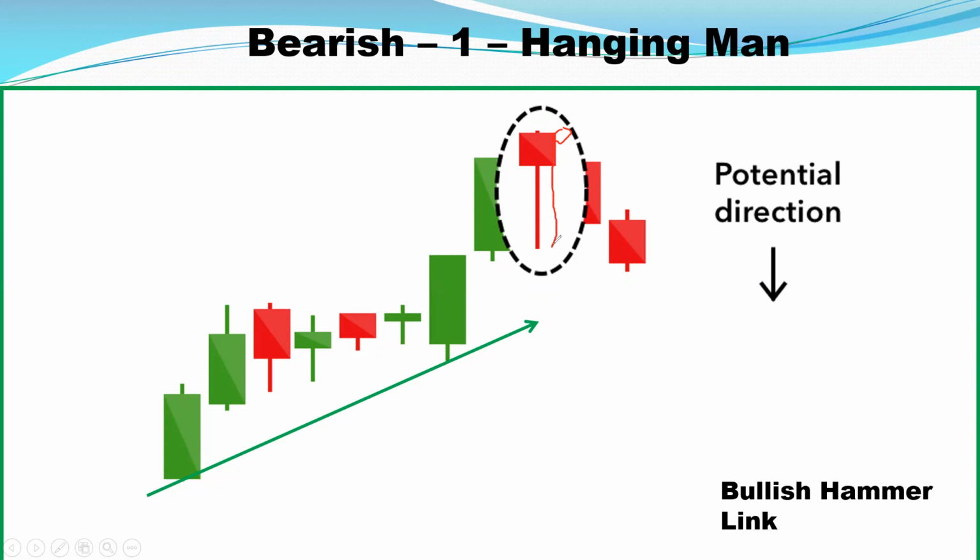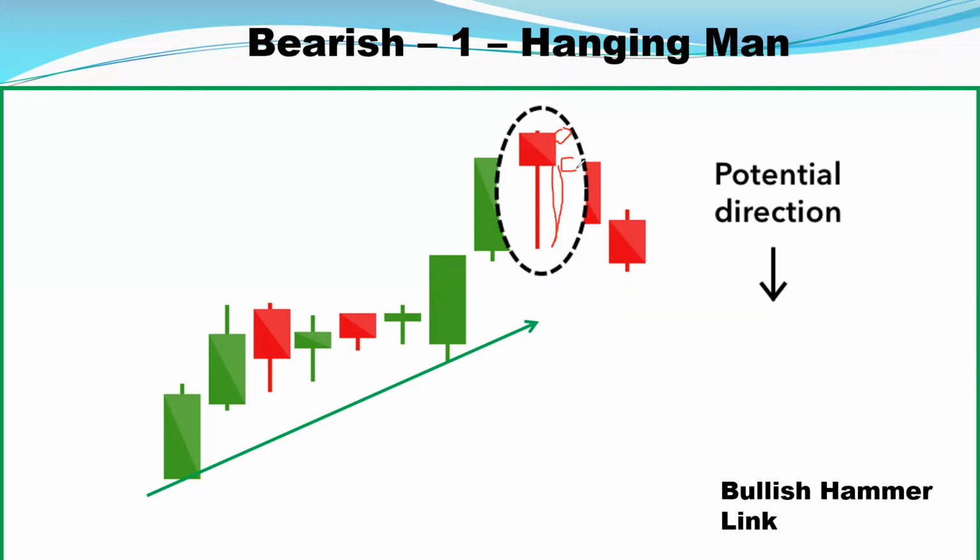Then buyers started buying and the stock closed over here. So where did it close? Below the open. And it is a long wick. The wick is down. It is a long wick.